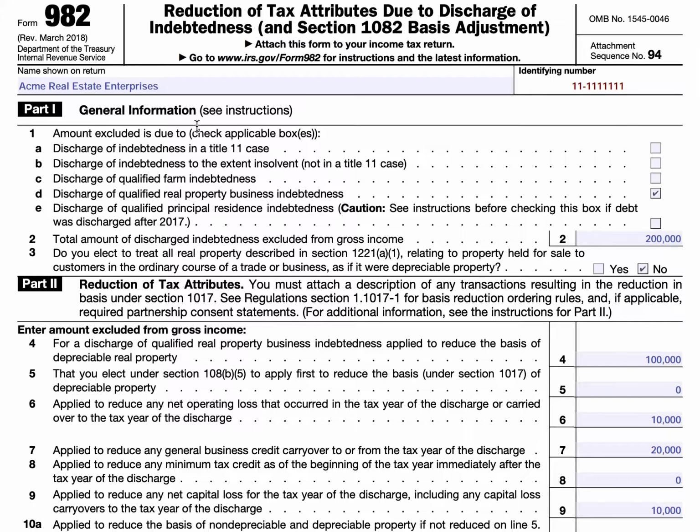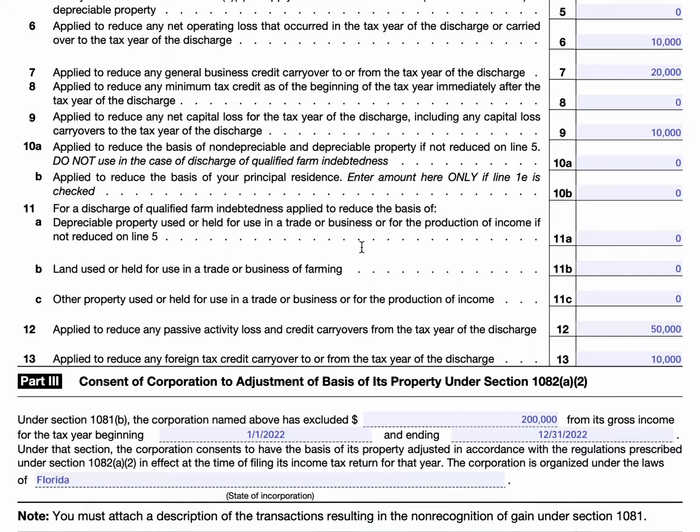If this was me and I was a sole proprietor, then this would simply be my name, and my identifying number would be my social security number, right? So that's how you fill out this form.